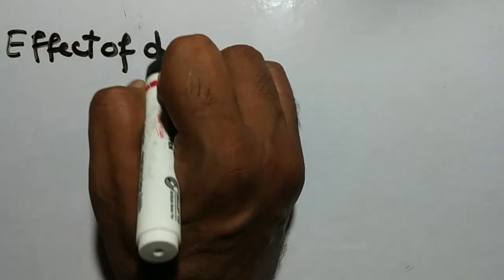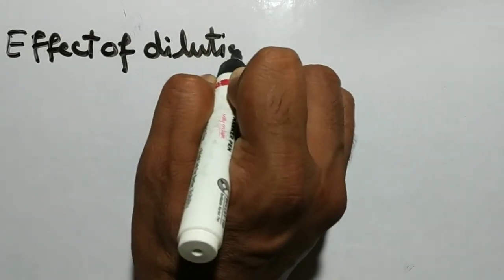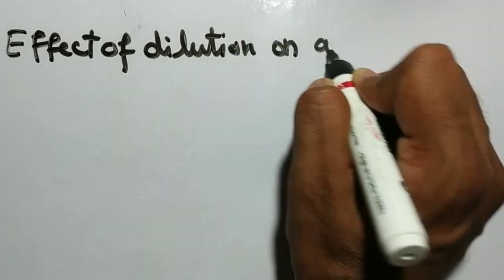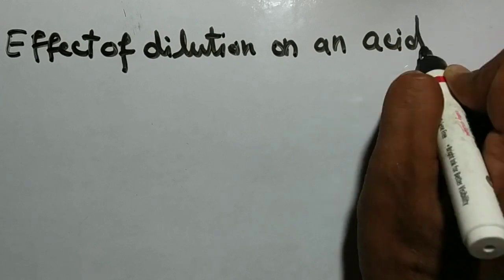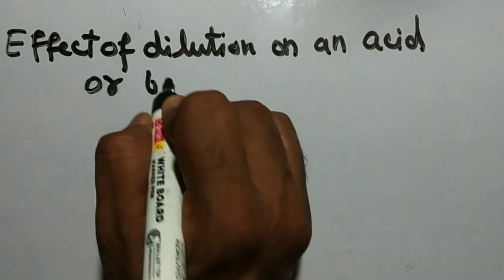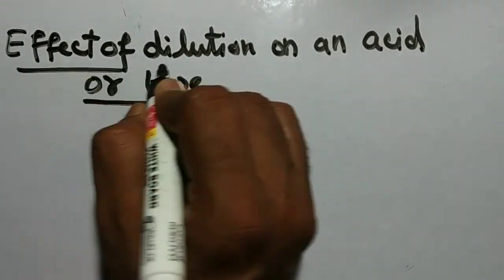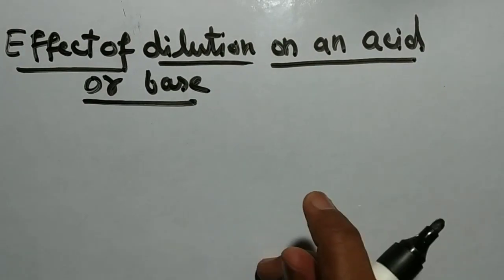Now moving to the next topic, that is the effect of dilution on an acid or base. So dear students, what do you mean by the dilution? Any one of you? You can comment over here.